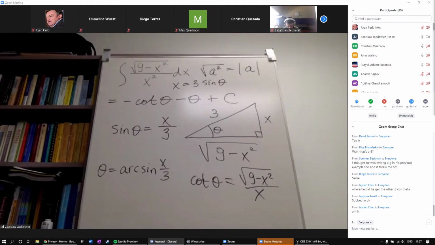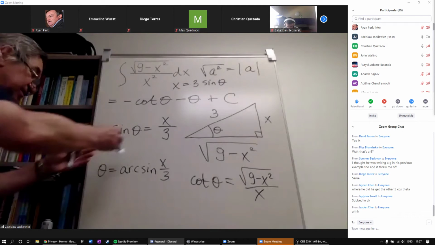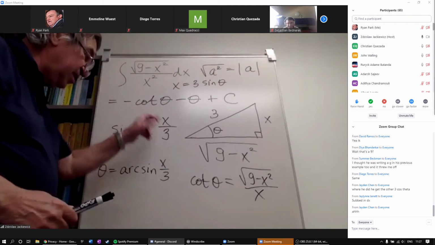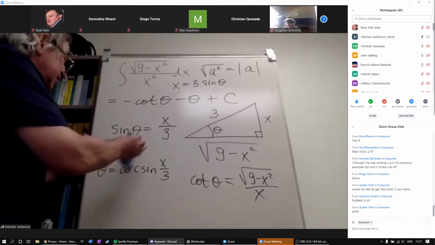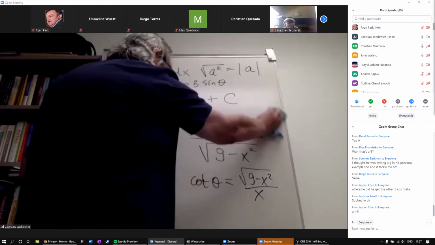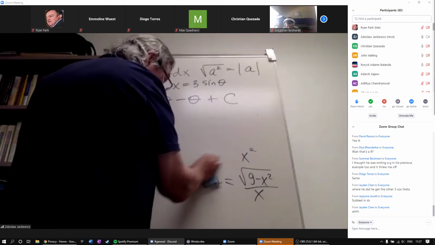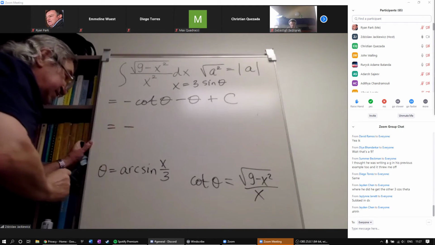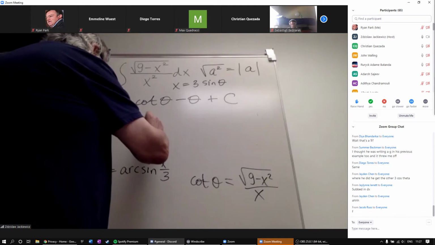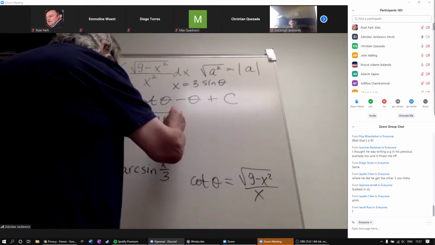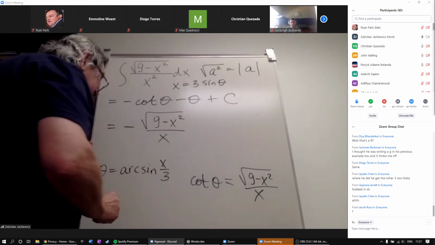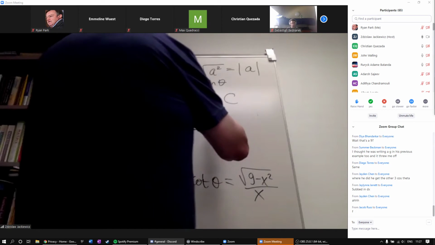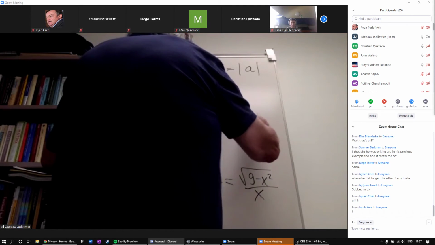So putting everything together, let me erase those computations. We know that theta is arc sine, and cotangent theta is here. So the final answer is equal to minus square root of 9 minus x squared over x, minus arc sine of x over 3.